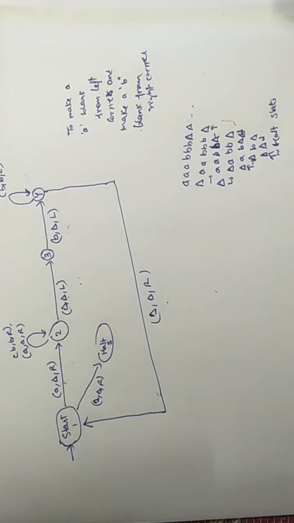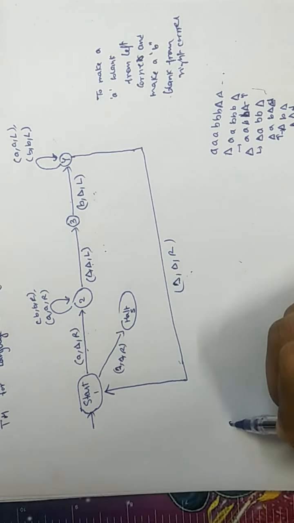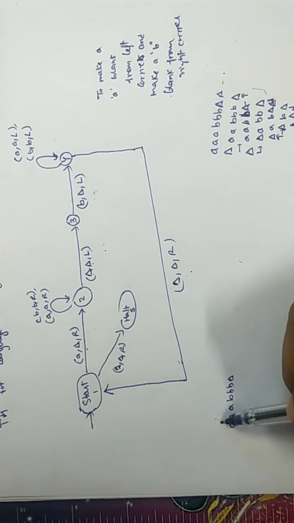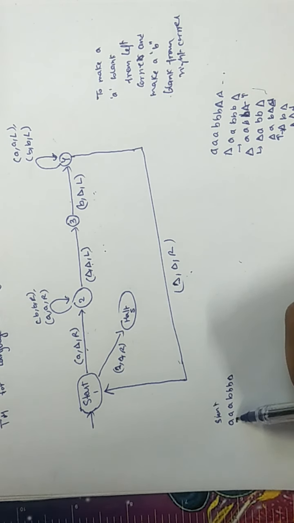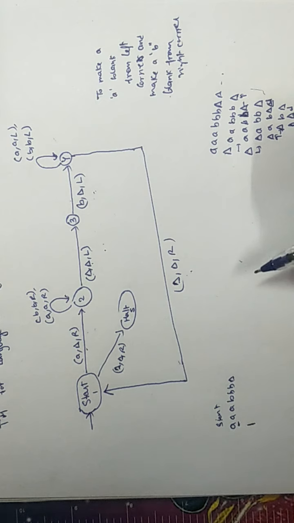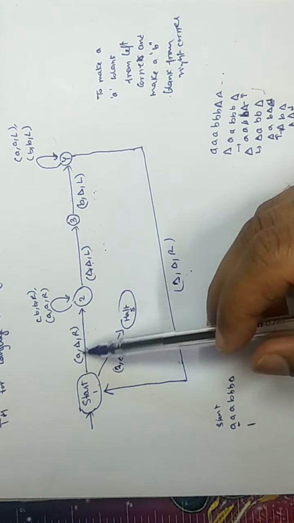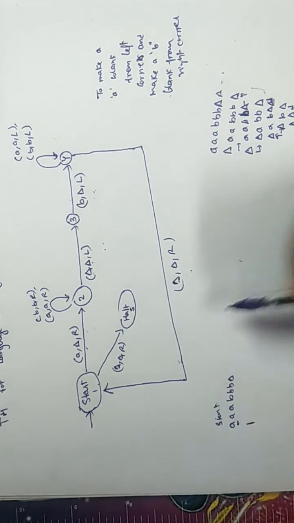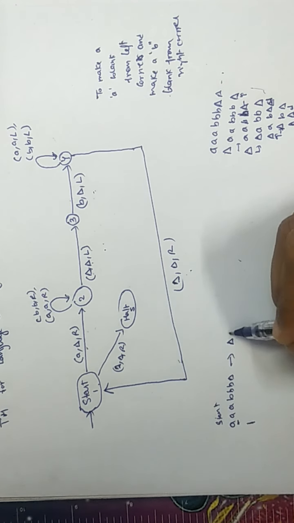Now how do we do it formally? Formally we have an input like this, and we start from the start state, say 1, and the cursor is at this position. Now from start state, reading A, we convert this A into blank and move to the right.